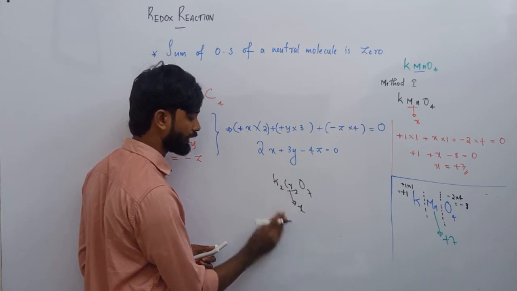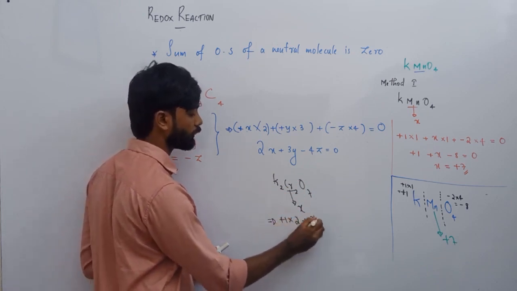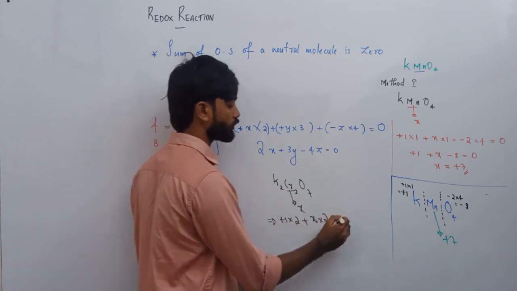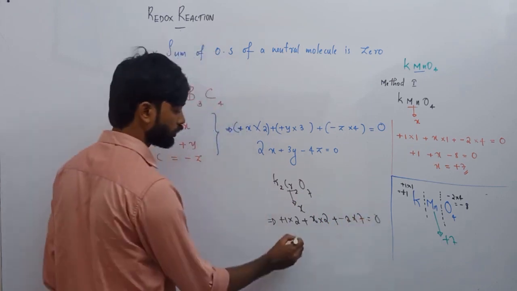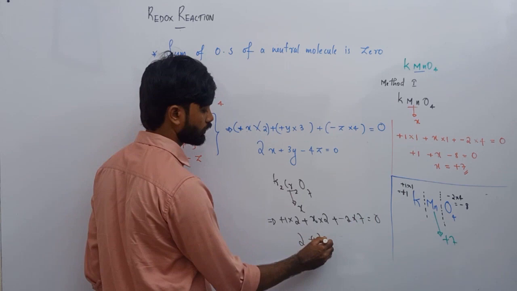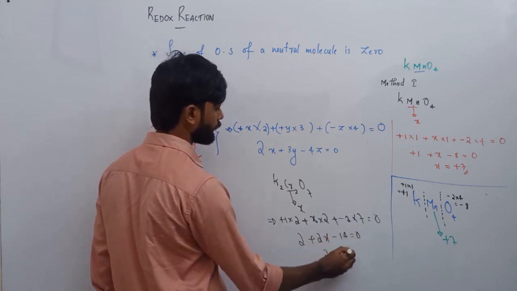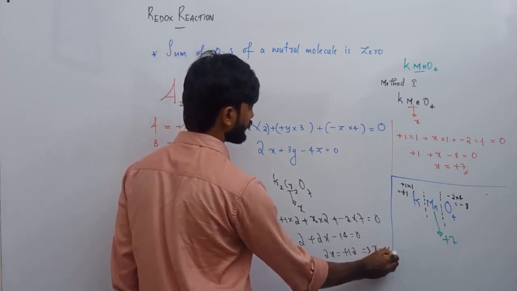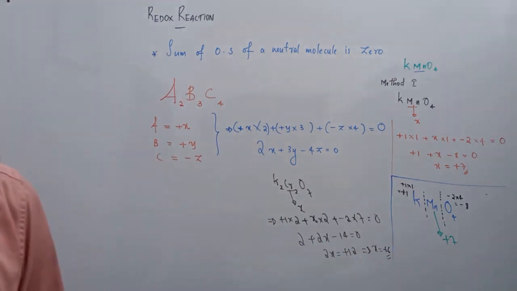Potassium, +1 into 2, plus chromium, X into 2, plus oxygen, -2 into 7, equal to 0. So 2 plus 2x minus 14 equals 0, so 2x is equal to +12, which implies that x is equal to +6.